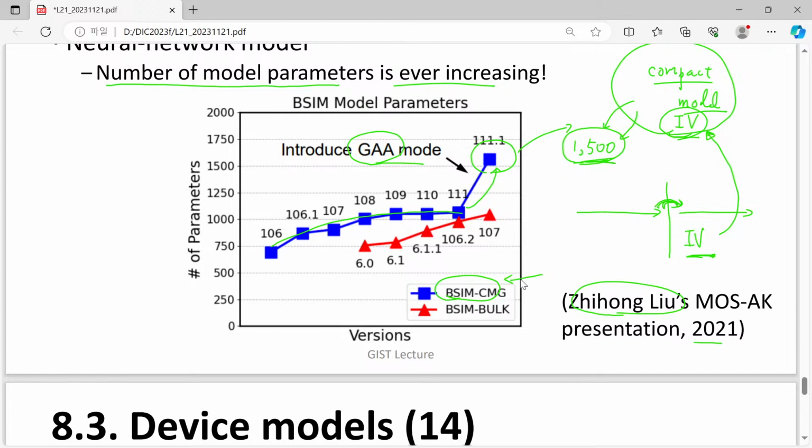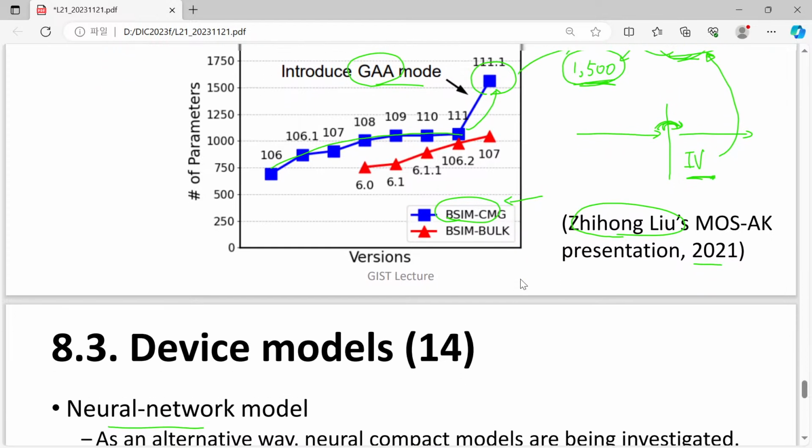If you have a better model, then your circuit design can be accelerated significantly. For example, if your model is twice as fast as BSIM-CMG, then your simulation time will be shortened by a factor of 2. So they are always hungry for an efficient compact model, and this is quite an important research field.